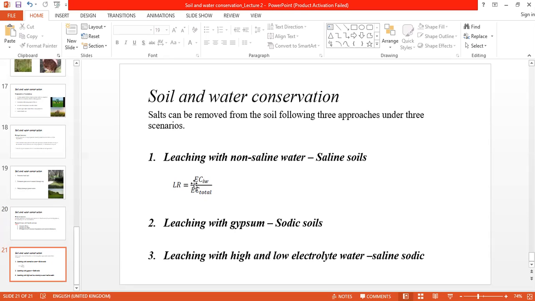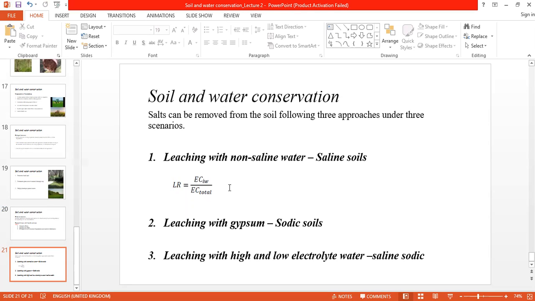which is simply the ratio of the EC of the irrigation water to the EC of the soil. So this EC total is basically just the EC of the soil. When you find this ratio, for example, if this ratio is 0.5, it means that if you are going to irrigate 10 units of water, you're supposed to add 5 units to that 10 units.